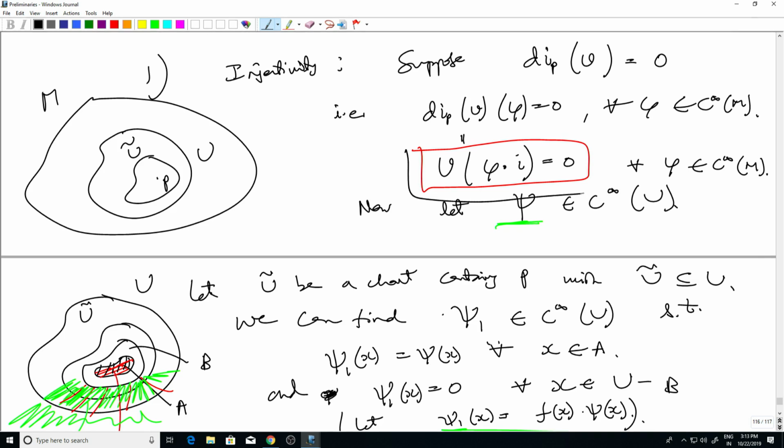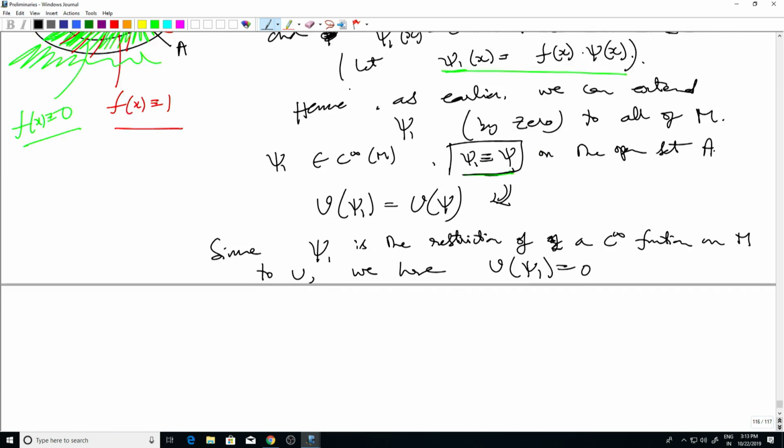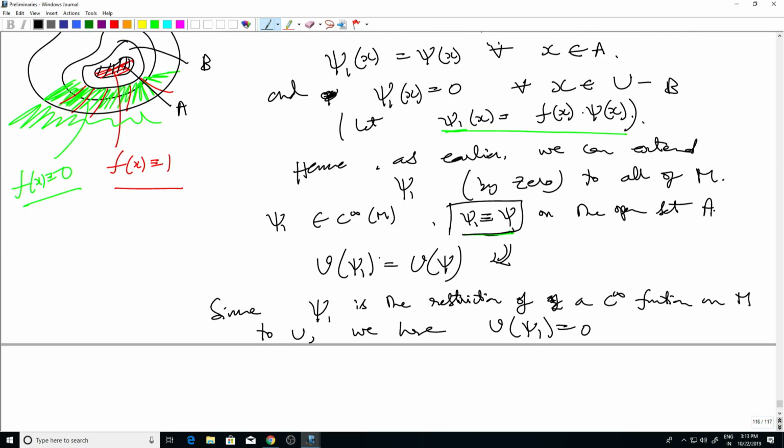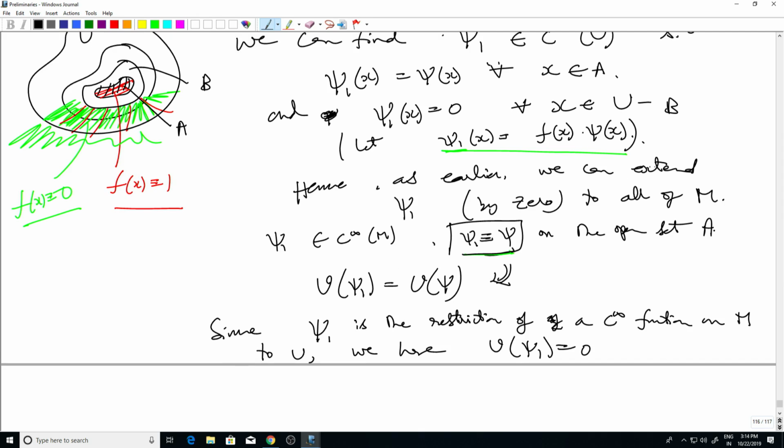This tells us that the restriction is 0. So C1 is globally defined on all of M, and when we restrict it to U, actually maybe to be clear, one should give it a different name. We can extend C1 by 0 to all of M, and let's call the extension C1 tilde.